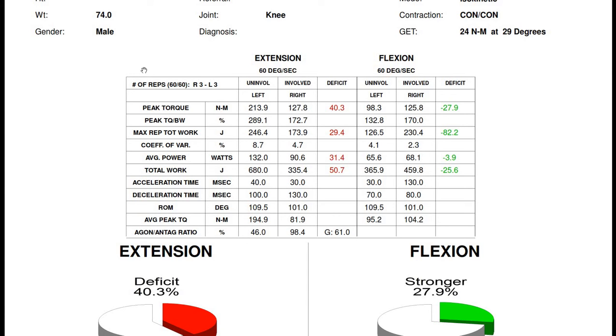So at this stage, we would say at both the fast and slow angular velocities, the 360 degrees and the 60 degrees per second, we are seeing a significant reduction in strength, a true bilateral asymmetry between the knee extensors, particularly at a slower speed, or a slower angular velocity, I should say.